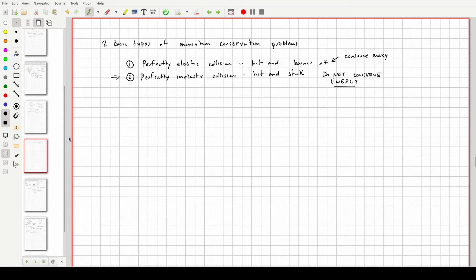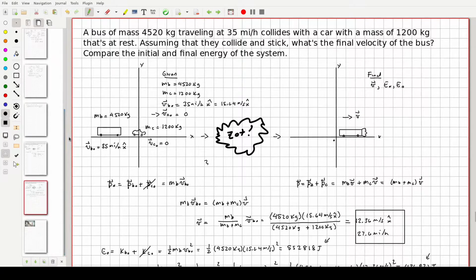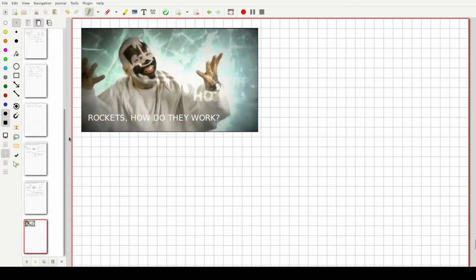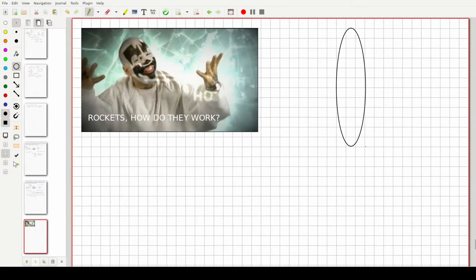Now, that said, the very last thing I'd like to talk about is rockets. Rockets, how do they work? Well, that's a good question. If you think of what you know so far about physics, let me sort of draw us a rocket here. Got some fins, we'll say, and let me hack this bottom part off. Let's have a place for the fire to leave, right?